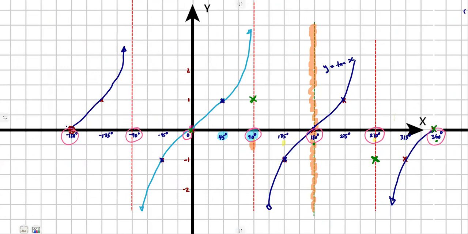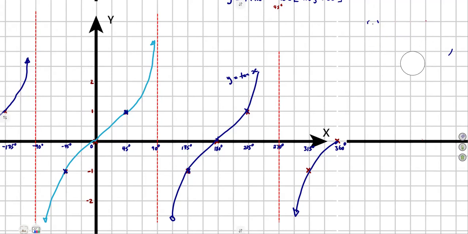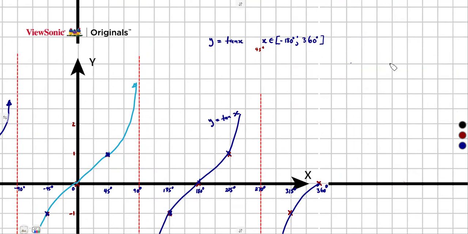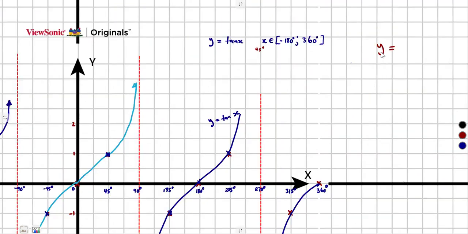This effect, guys, is not only on the period, it is also on the horizontal shift. The horizontal shift also affects the asymptotes. I want us to look into the effect of the horizontal shift from the graph of a tan that we are given there. Remember, the horizontal shift is the P, the effect of that P. Y is equal to tan of x plus 45 degrees, tan of x minus 45 degrees, whatever you're given there.